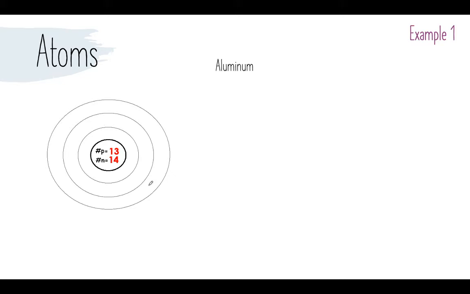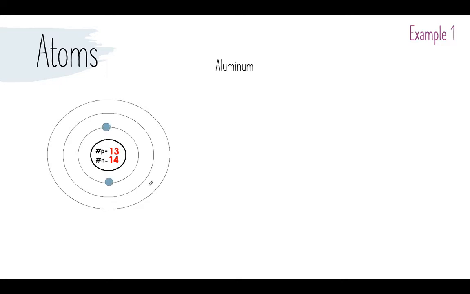Now, because this is an atom, this is neutral, the number of positive particles, the number of protons that I have, has got to be equal to the number of electrons. So if I have 13 protons, I know that from the periodic table. If I'm drawing an atom, I'm going to have to draw 13 electrons. The first shell, immediately outside of the nucleus, can fit 2 electrons.